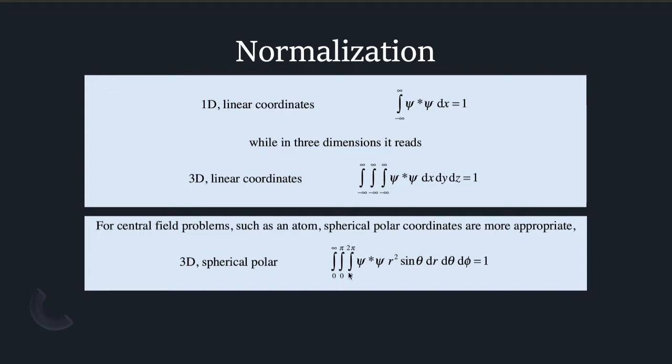We have to integrate over the appropriate limits: 0 to 2 pi for phi, 0 to pi for theta, and 0 to infinity for r. Don't forget to multiply by this Jacobian to get the right value of the probability over this region of space. And if we integrate over all space, a normalized wave function will again give us a value of 1.